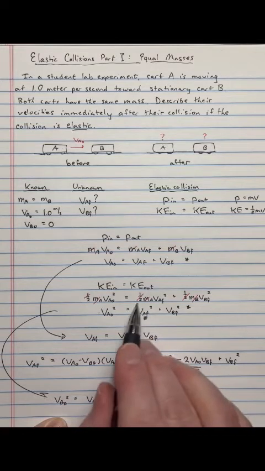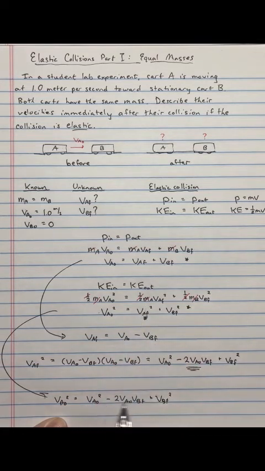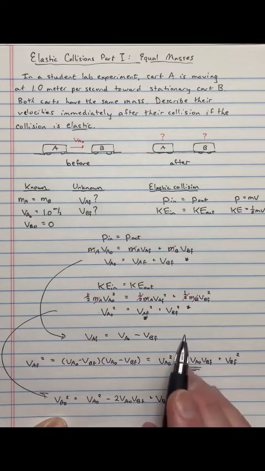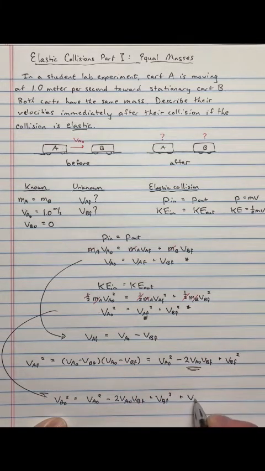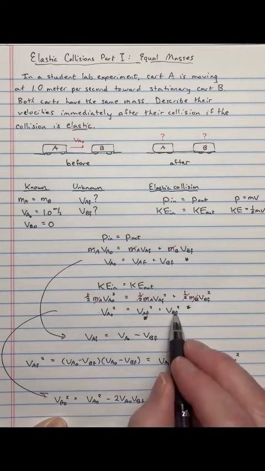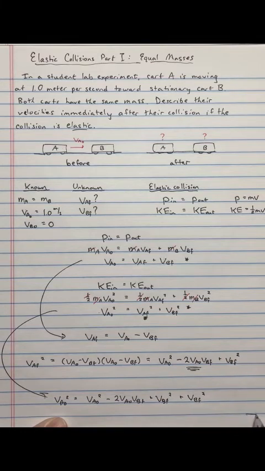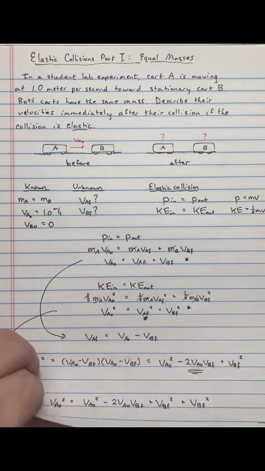Now, don't forget, there's also a plus VBF squared here as well. So don't forget that extra term. Just because you've got a VBF squared here doesn't mean you can forget that one. They come from two different sources. So let's now do some more algebra.